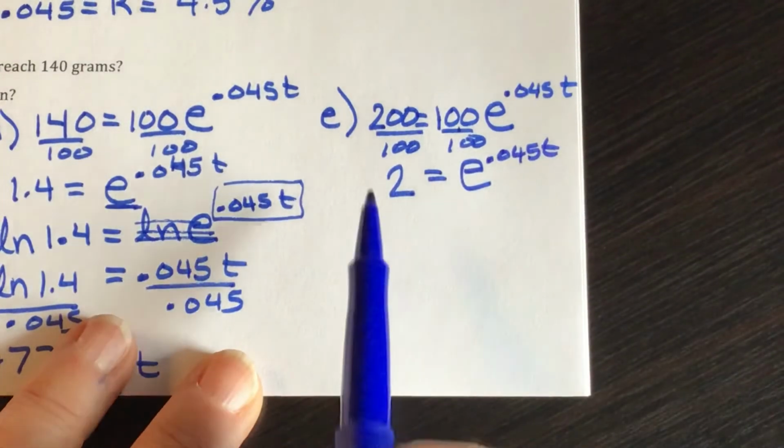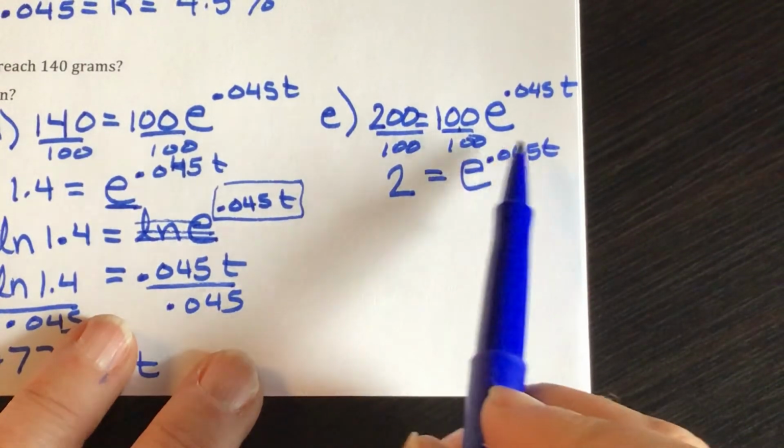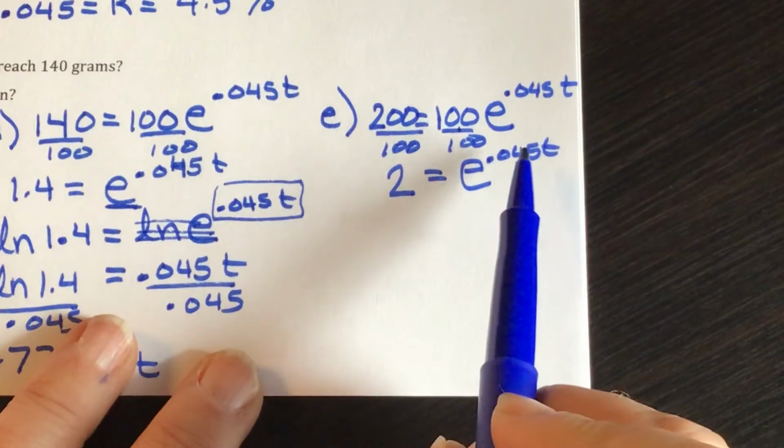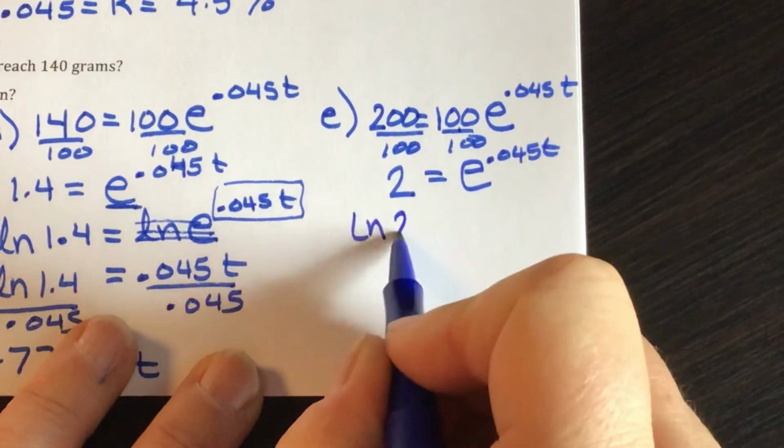All right, so now I need to get the variable out of the exponent, so I'm going to natural log both sides.